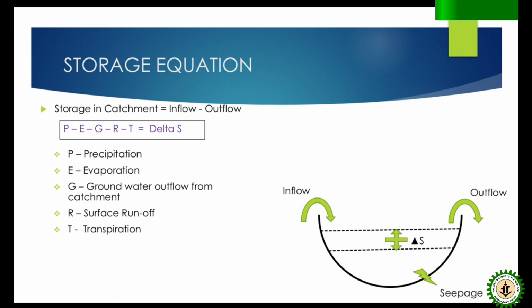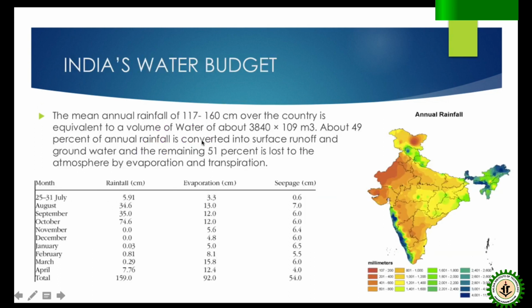That means outflow. What are the outflows? Evaporation, groundwater outflow from the catchment, surface runoff, and transpiration. All these things you have to deduct from the precipitation. This will give you your delta S. Okay, so this is clear, I think.